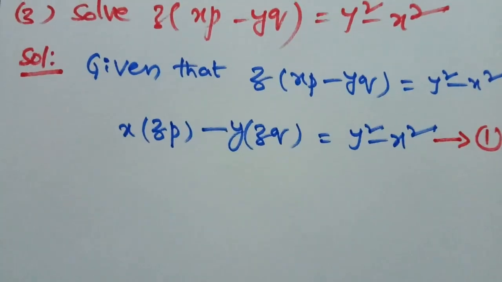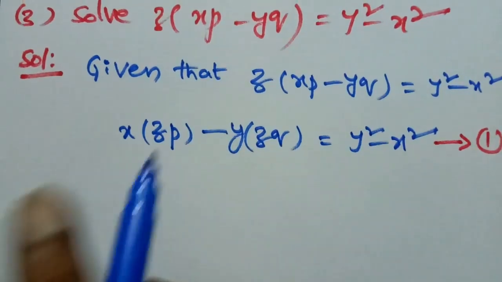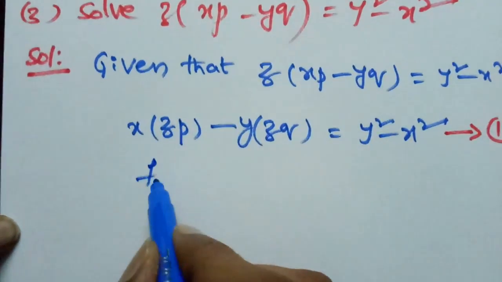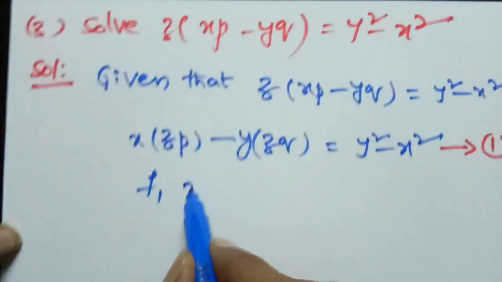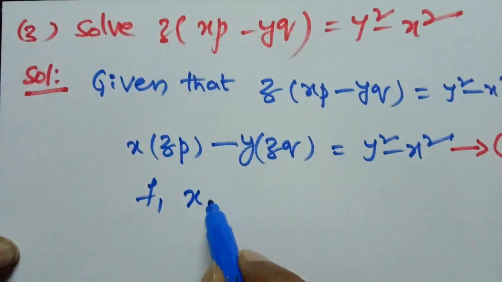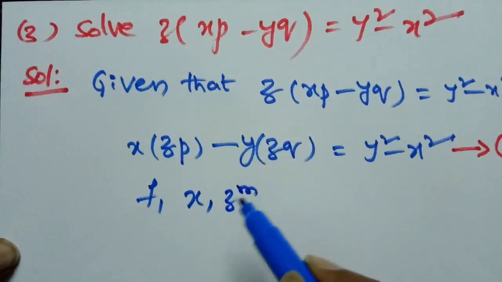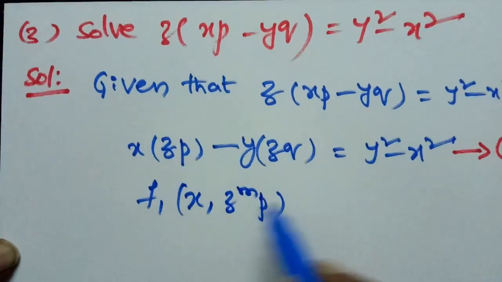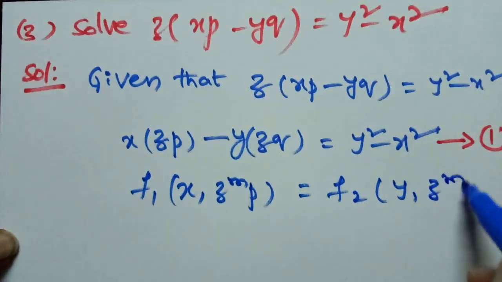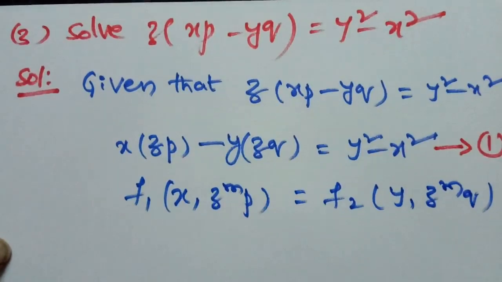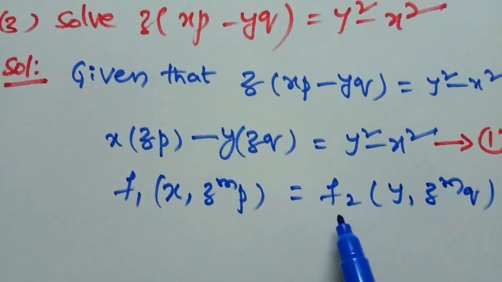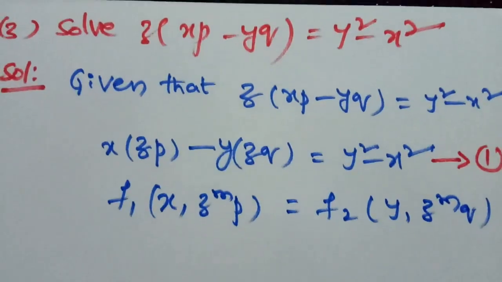Now this is of the form f1 of x comma z power m into p is equal to f2 of y comma z power m into q. We can rearrange this like this. Therefore this belongs to type 6.